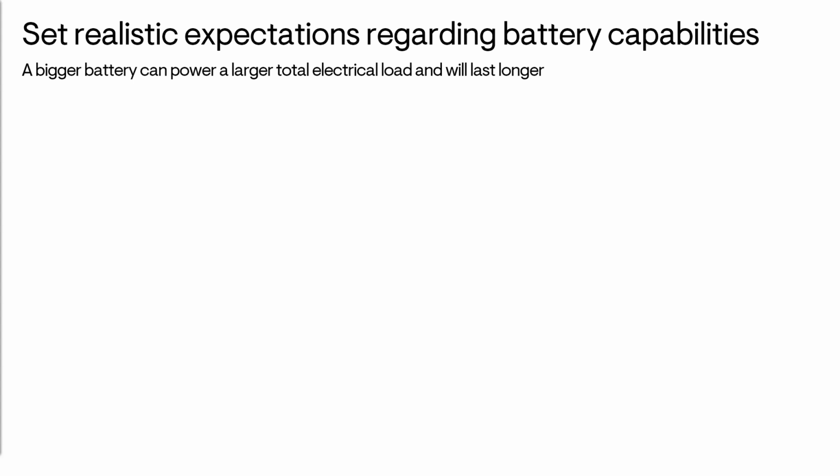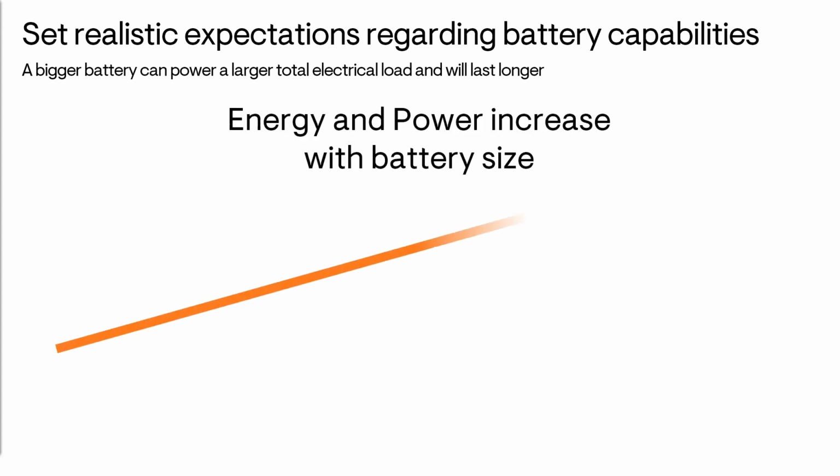It's critically important to set realistic expectations with your customers when it comes to battery performance to ensure they have a positive experience, know what to expect. Both energy and power increase with larger IQ battery systems. 2 IQ Battery 10s will have double the energy capacity, double the power, and double the peak power compared to 1.